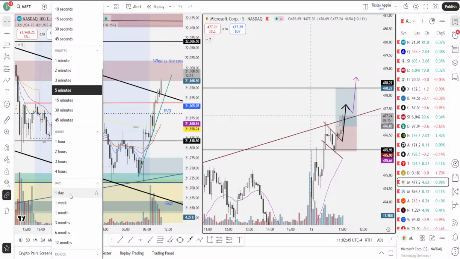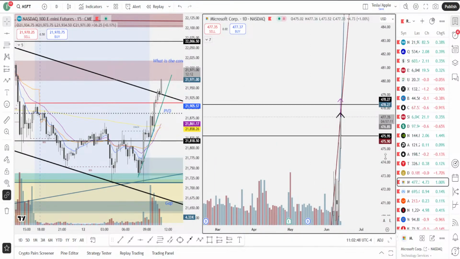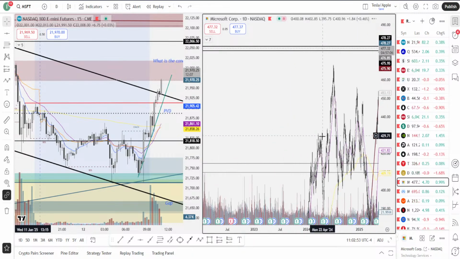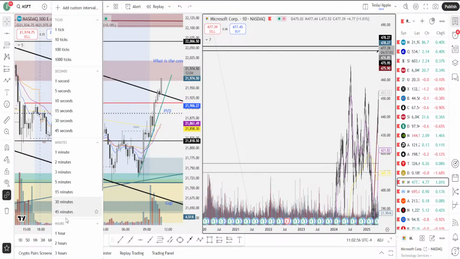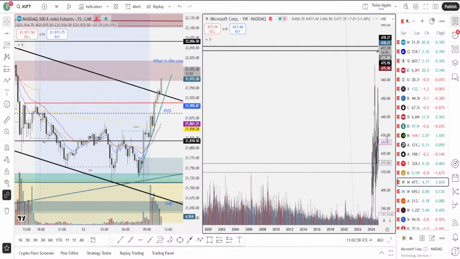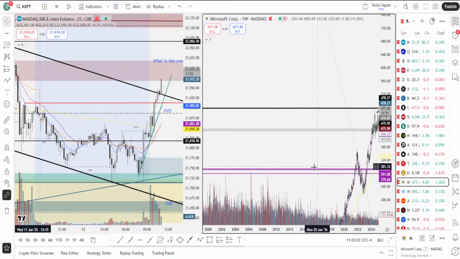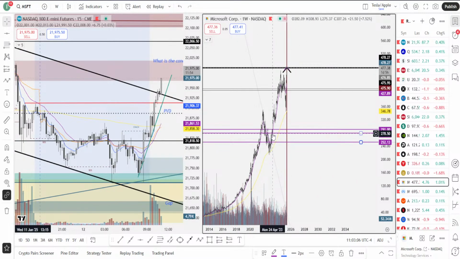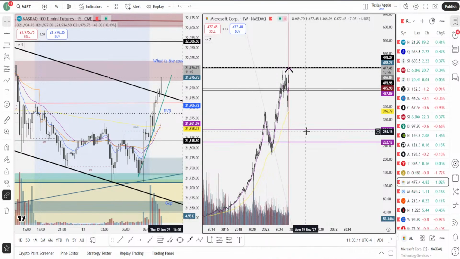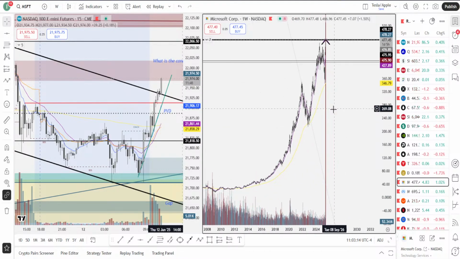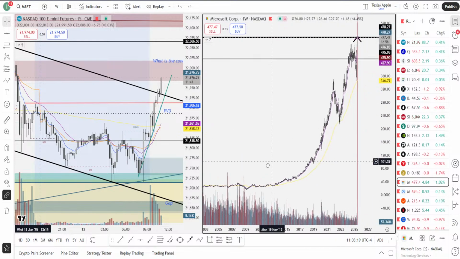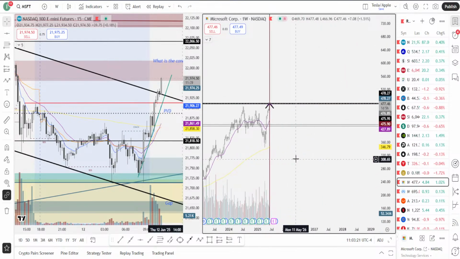Let me take a look at the daily here. Daily time frame. Oh shit, Microsoft is at all-time highs? No way. Hold on. Weekly. Man, look, I have these lines here on Microsoft from back in 2023. Must have looked at it then. Oh, damn. Yeah, Microsoft is ripping right now.